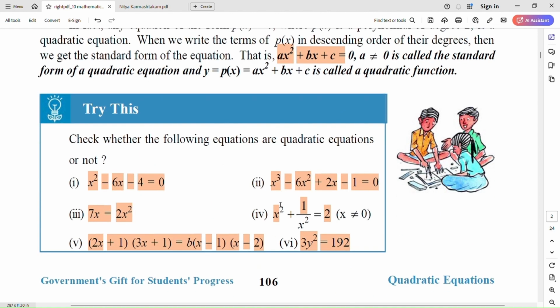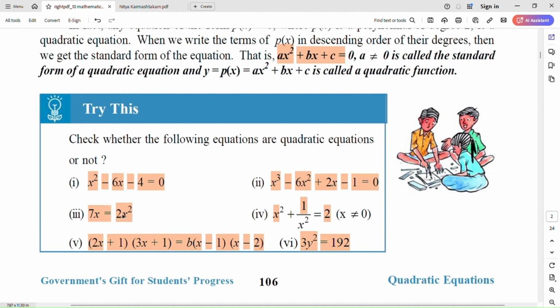Check whether the following equations are quadratic equations or not. Let's see. This is a quadratic equation, right? There is no doubt, x to the power is 2 and all are real numbers. Okay, fine. This is not a quadratic. This is a cubic equation actually. Power 3, x to the power is 3. This you can call a quadratic equation.